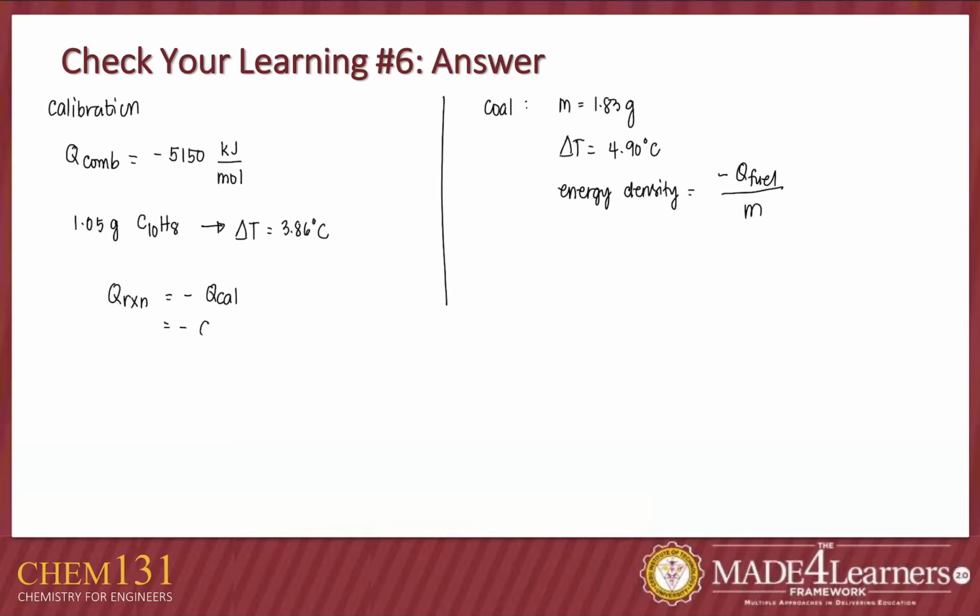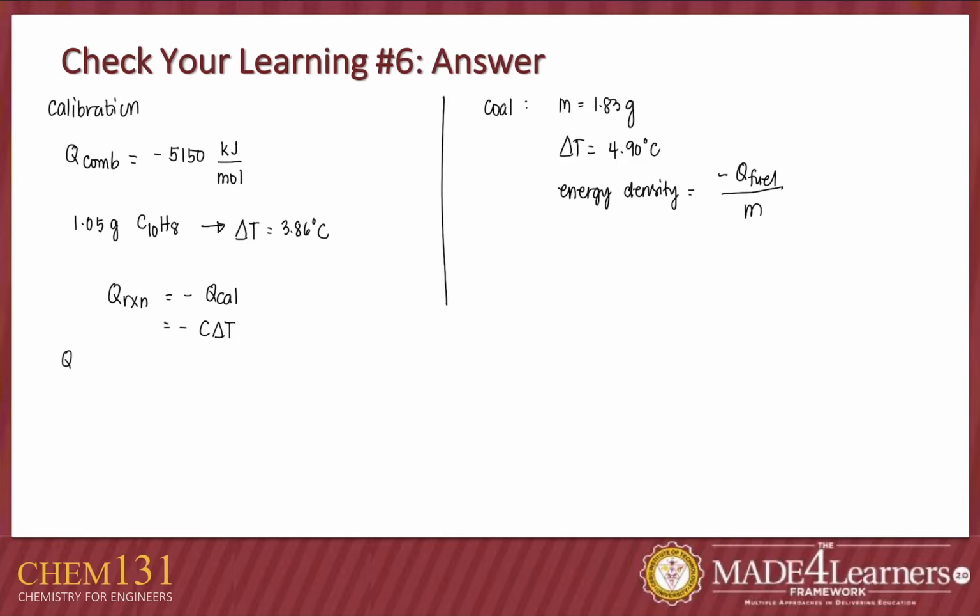And this is negative C delta T. So, for us to be able to solve for C, we need to solve for the heat of the reaction. What causes this delta T of 3.86? The 1.05 gram mass. So, we will solve for Q reaction first.